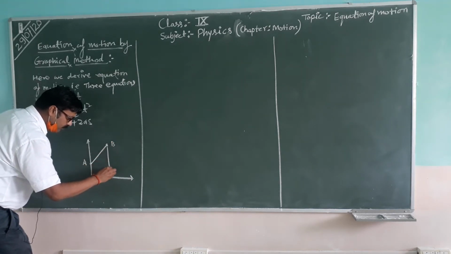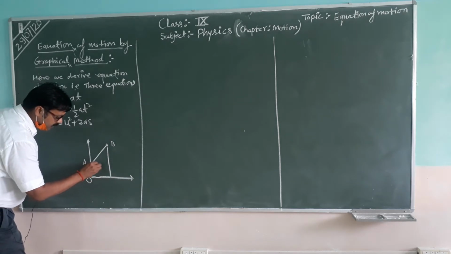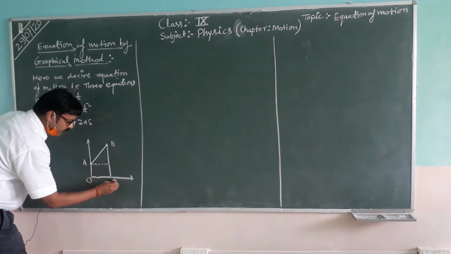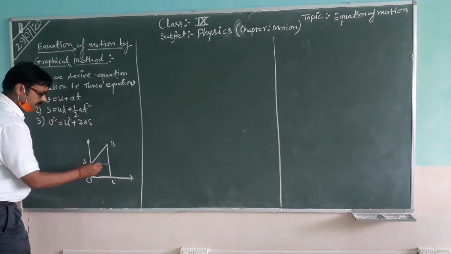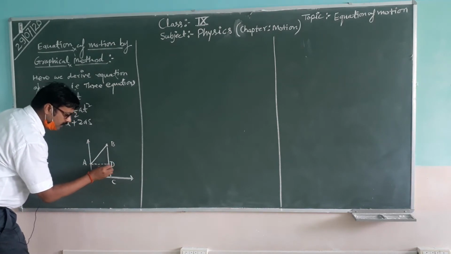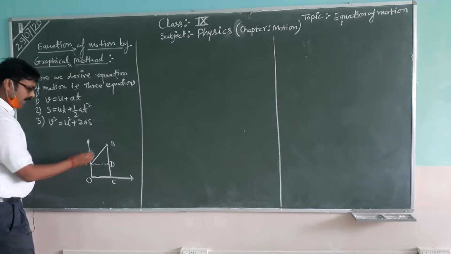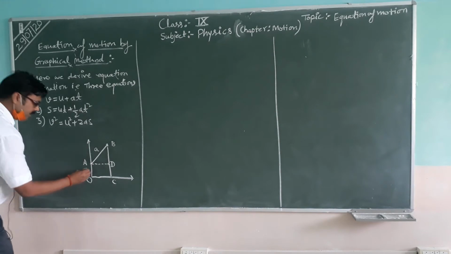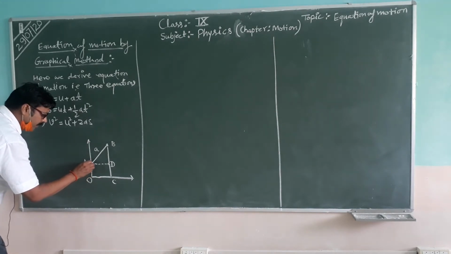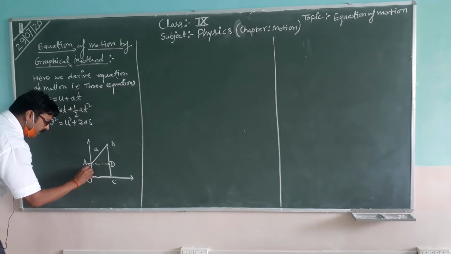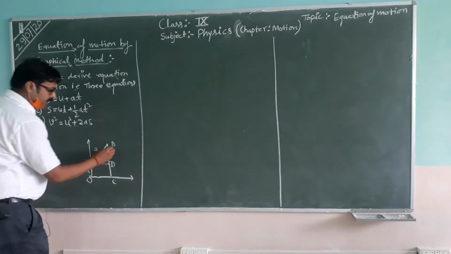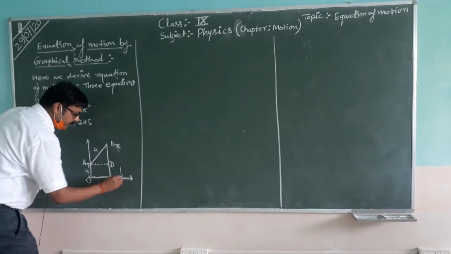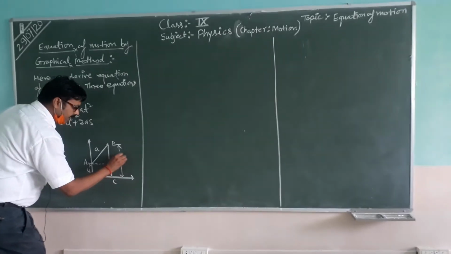Take a normal from this point, and a line parallel to it, that is B, this one is C, this point is D. The line OA denotes the initial velocity u, and finally the object goes to point B, which is represented by v.